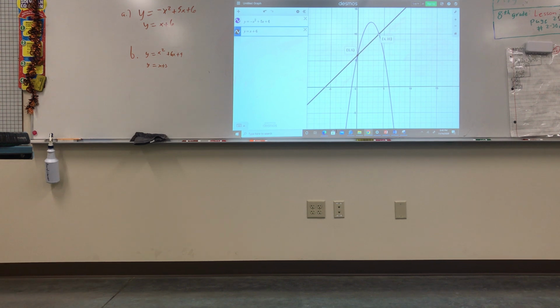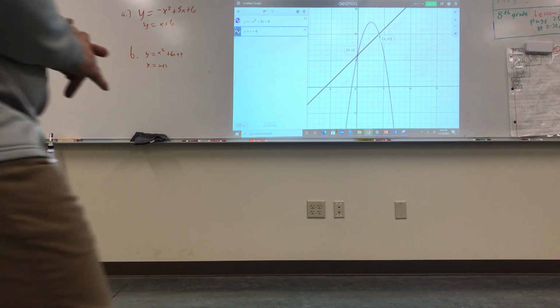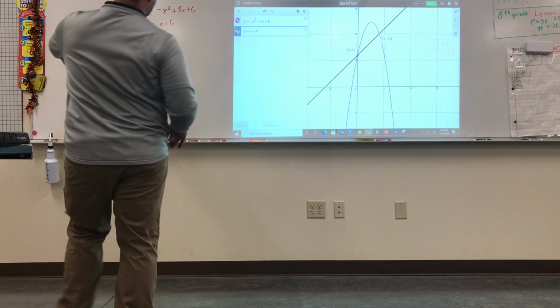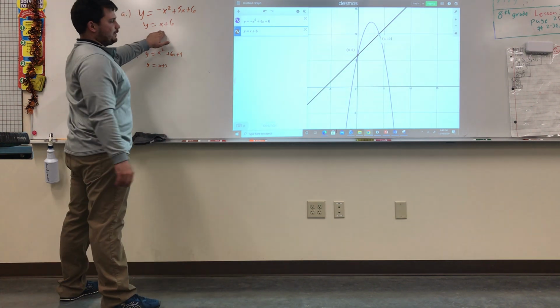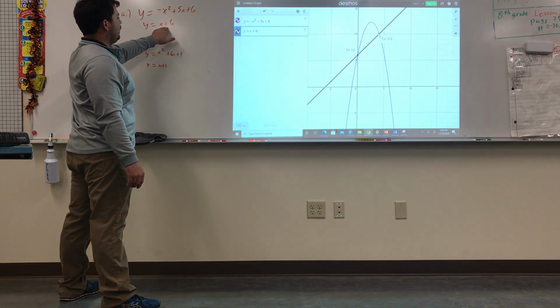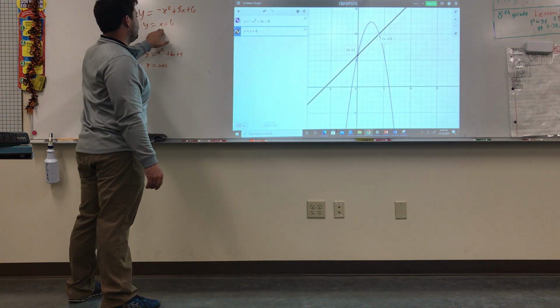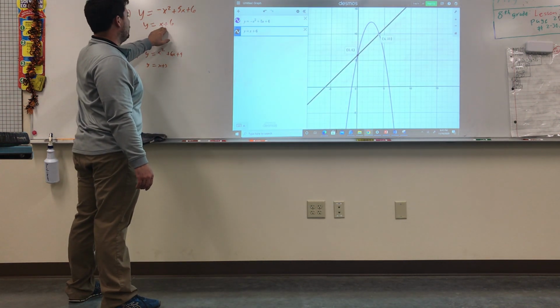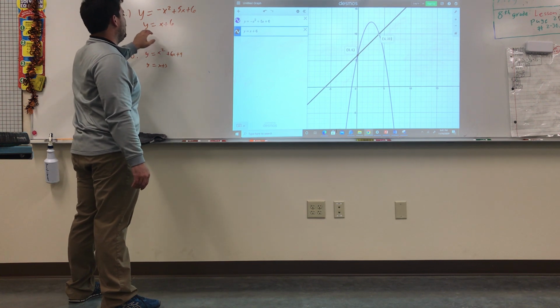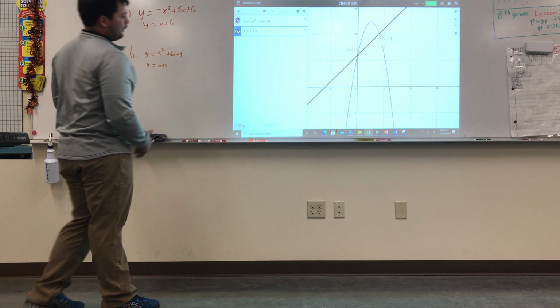Now, typically you could check your solutions. If x is 0, I would go into this equation: 0 plus 6 should equal 6. Well, that's true. We put in 4 for x here, we get 4 plus 6, which should be 10. y is 10, so that would work.